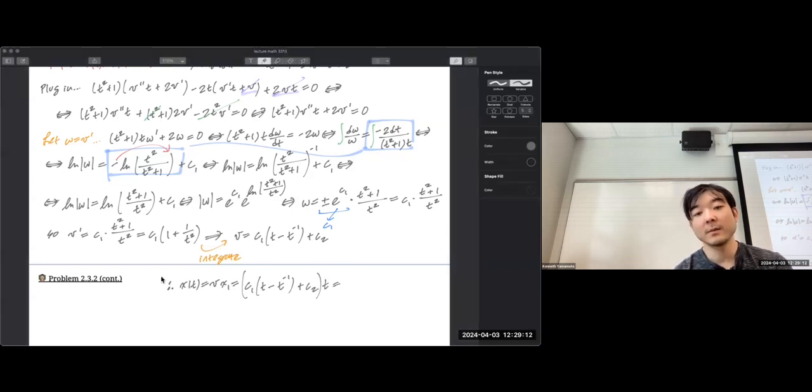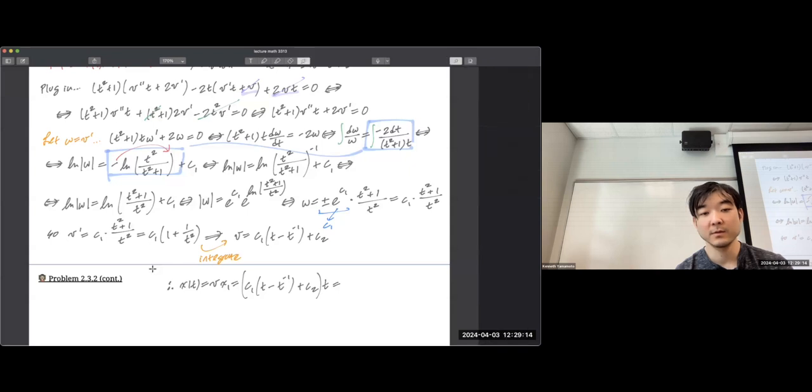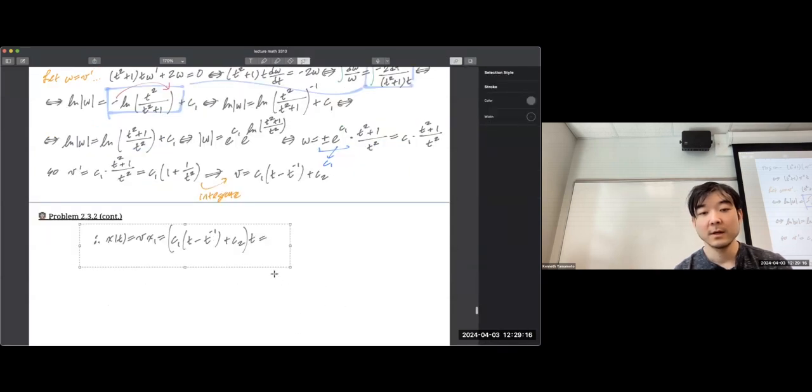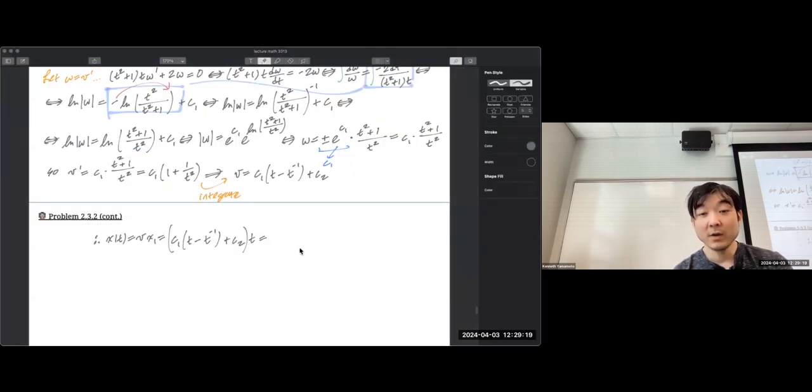And if you were to multiply this out, the t can get multiplied to each of these, so it's going to be c1 times t squared. And then, of course, t times t to the negative 1 is just 1. So this is the first term, and the second term will be c2 t.